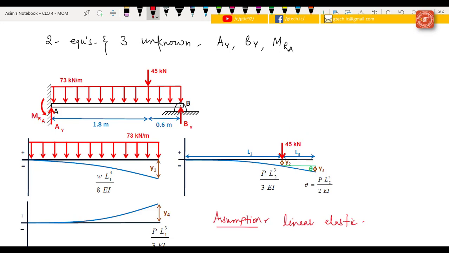And we actually solved this problem in a previous video lecture, so you can also check it out for how we find the y3. So as the point load is acting out there, this deflection is y2, and the maximum deflection, in the case of a cantilever beam, definitely occurs at the end of the cantilever beam, that is y3.